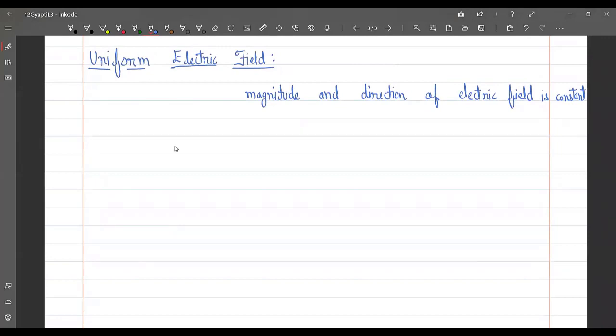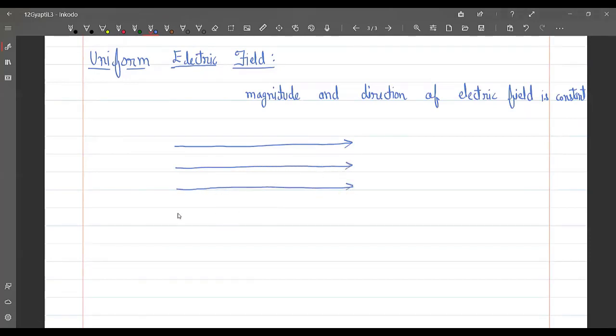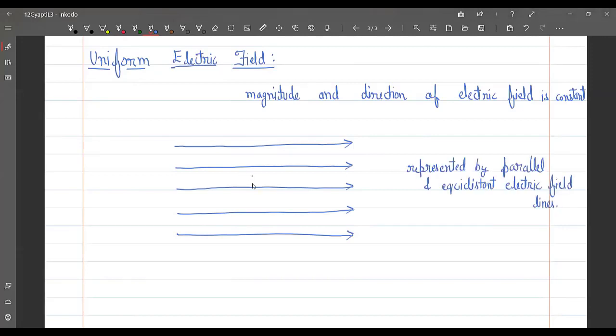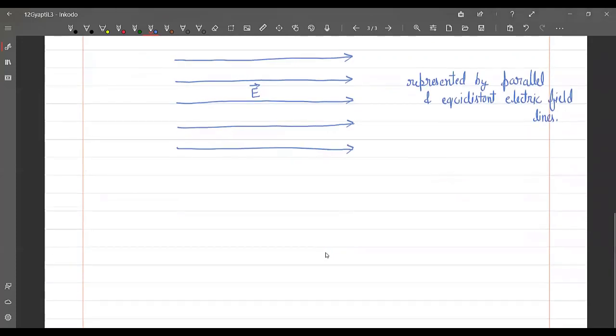So they are drawn by parallel lines which are equidistant from each other. They are represented by parallel equidistant lines. And we can give it a value E. That is a uniform electric field.